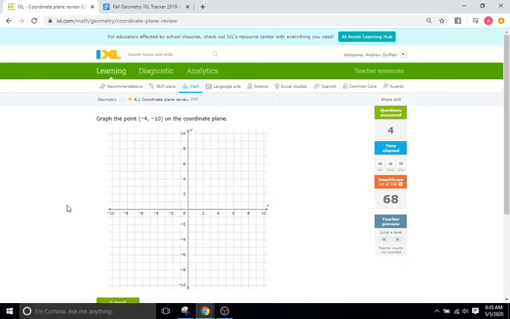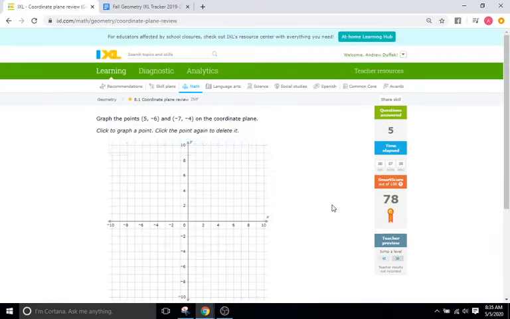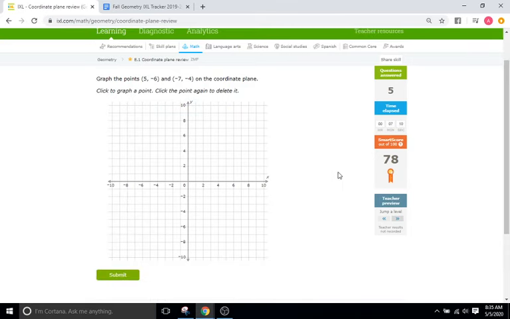Okay. Graph -4, -10. We go to -4, and then go down to -10. X, then y. Okay, and then let's jump a level. Graph the points 5, -6, and -7, -4.